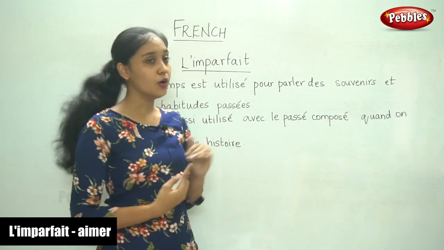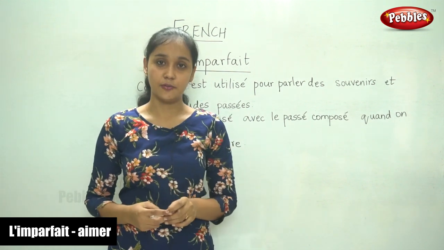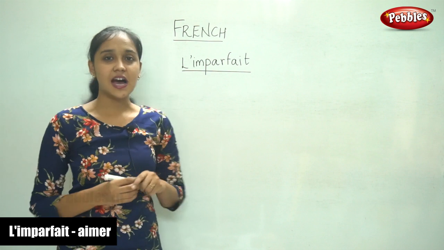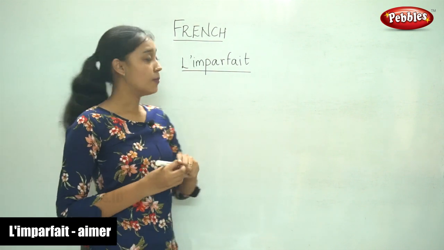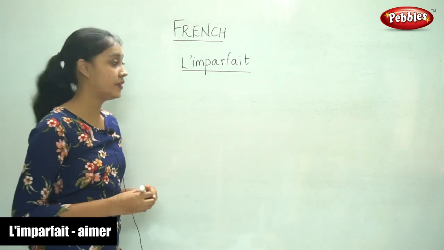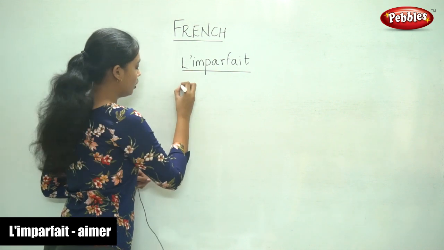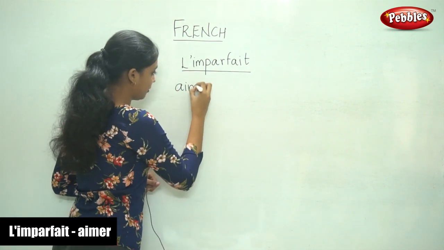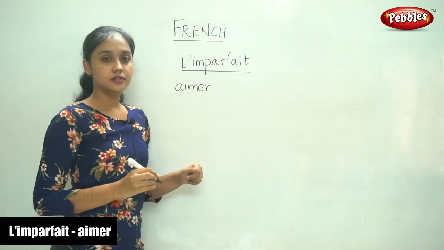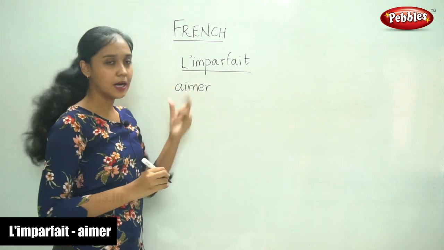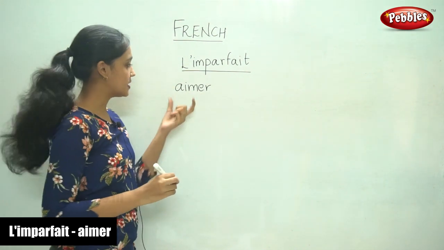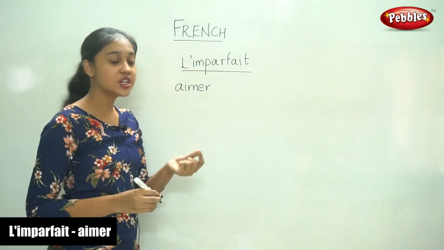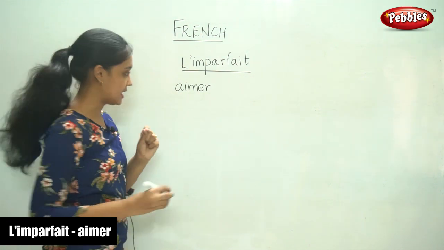Now let us see how imparfait is formed. So imparfait also has certain endings, but how do we form the imparfait? Let us take an example of the verb aimer. Now, to form the imparfait, the first step is to take the nous conjugation of this verb in the present tense.